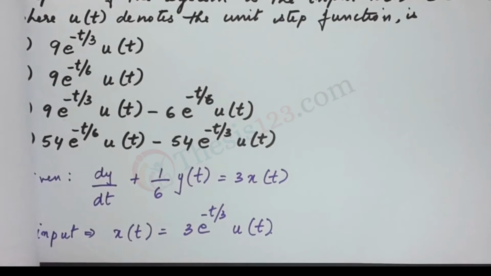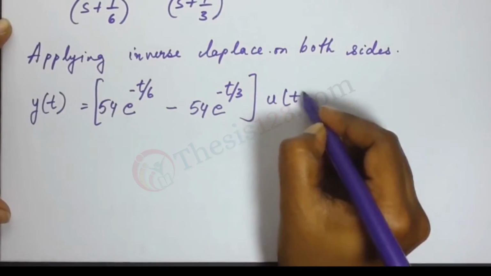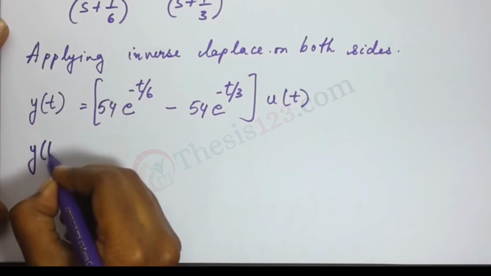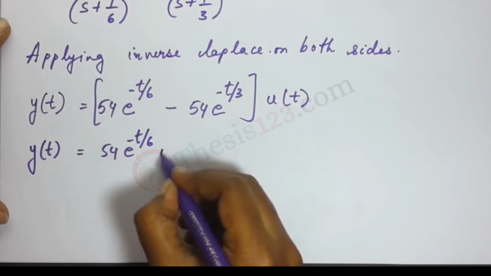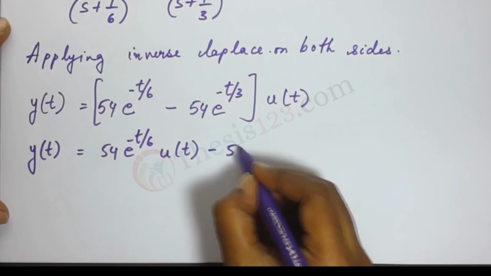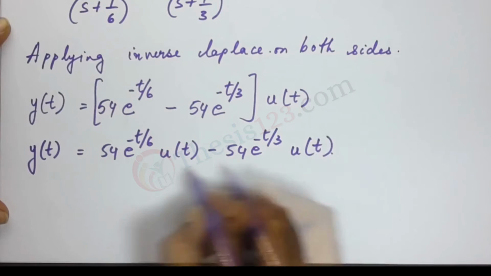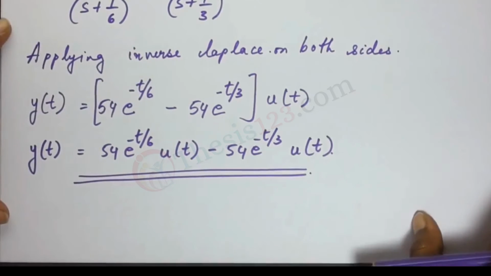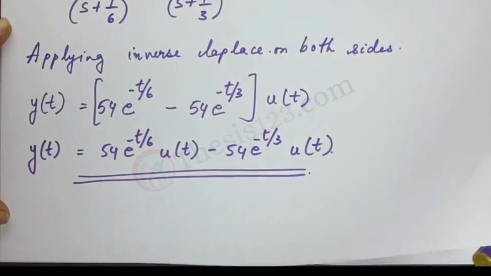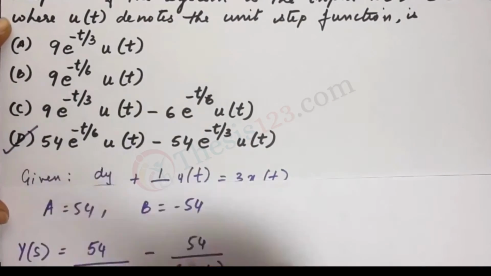Now the u of t denotes the unit step function, so we need to multiply this expression with u of t. So the final expression would be y of t is equal to 54 e power minus t by 6 u of t minus 54 e power minus t by 3 u of t. So this is our final equation, and that matches option, let's see, that matches option D. So this is our final answer.